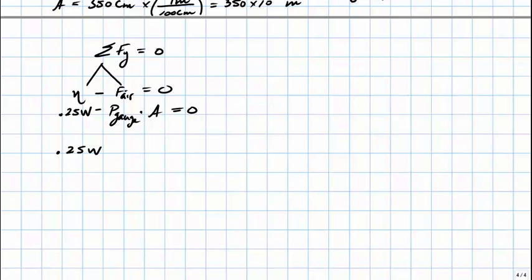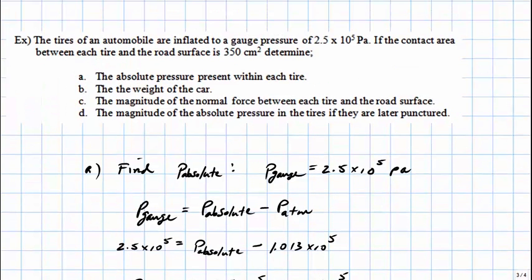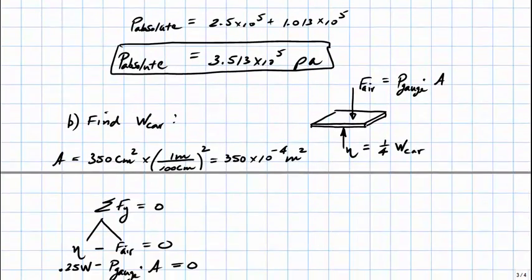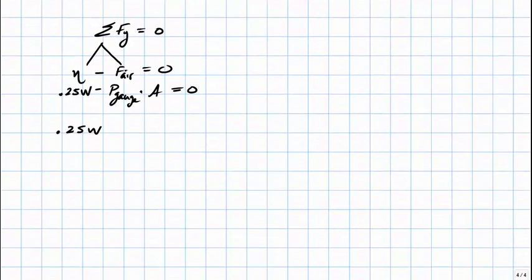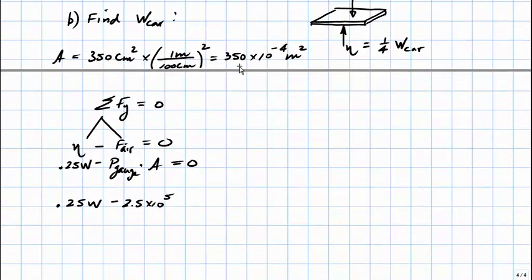Now the gauge pressure was given in the problem as 2.5 times 10 to the 5th pascals. And we just calculated the area as 350 times 10 to the minus 4th square meters.